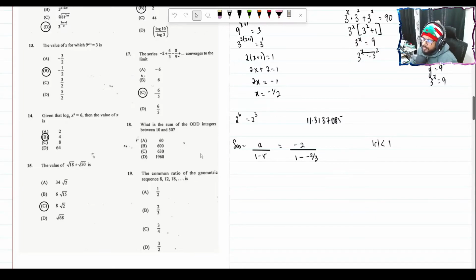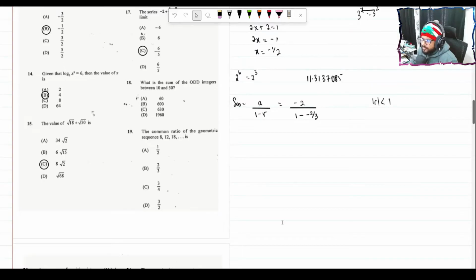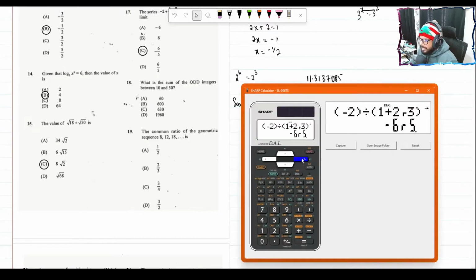What is the sum of the odd integers between 10 and 50? Again, it's like a no-brainer. You don't have to fight up. Let me go and add them up. Odd integers. So we're looking at 11 plus 13 plus 15 plus 17 plus 21 plus 23 plus 25 plus 27 plus 29.